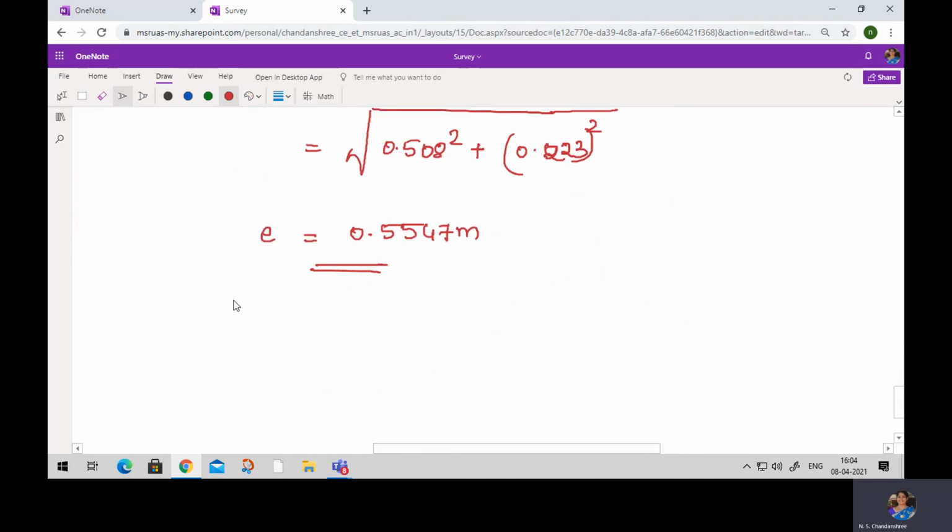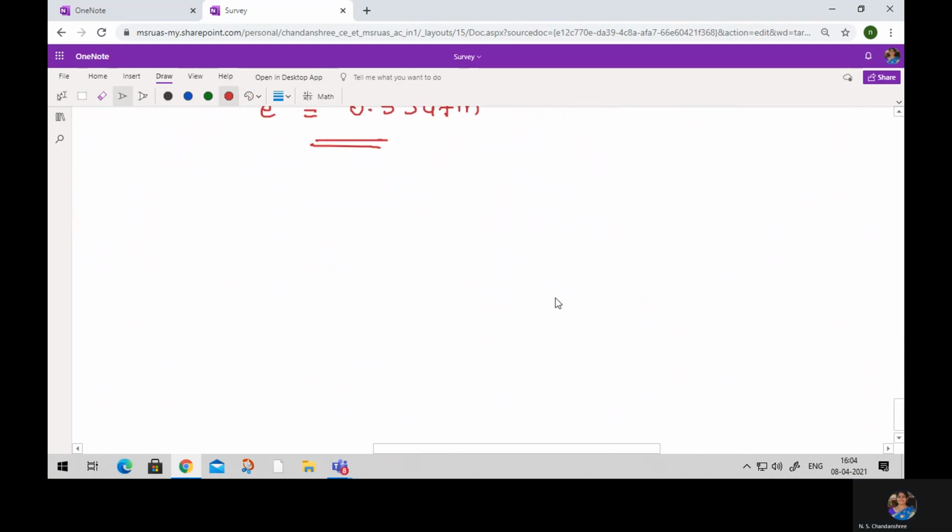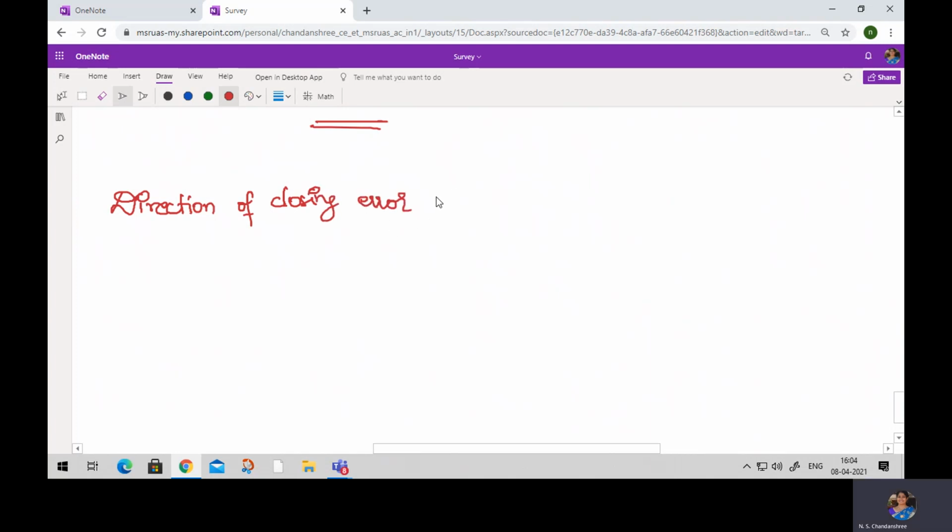Now the direction of the closing error. The direction of the closing error is given by tan theta, which is equal to sigma D divided by sigma L, that is 0.223 divided by 0.508.